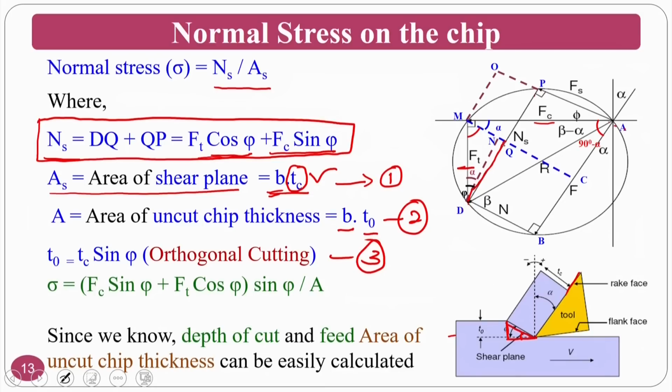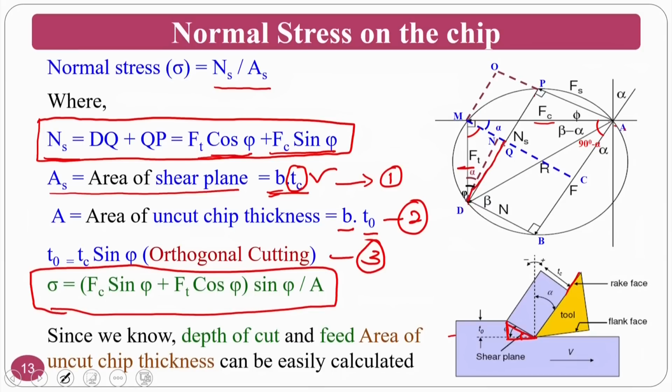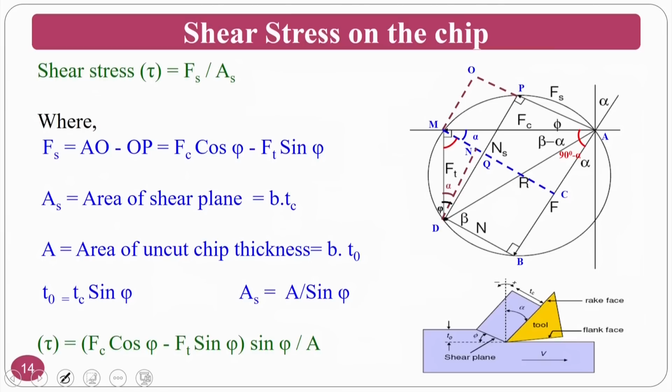You can calculate sigma equal to Fc sin phi plus Ft cos phi, multiplied by sin phi, divided by A, where A is nothing but your depth of cut multiplied by uncut thickness, that is the feed. Since we know the depth of cut and feed, the area of uncut thickness can be easily calculated. Now we go to the shear stress on the chip.